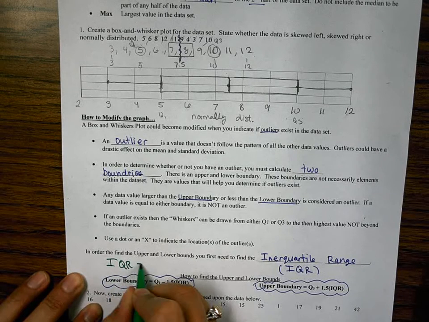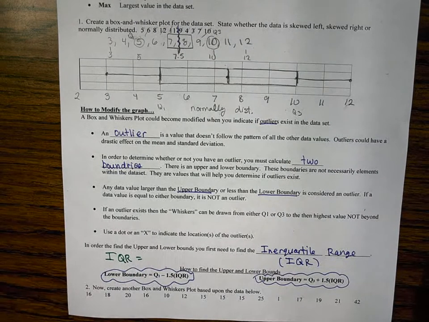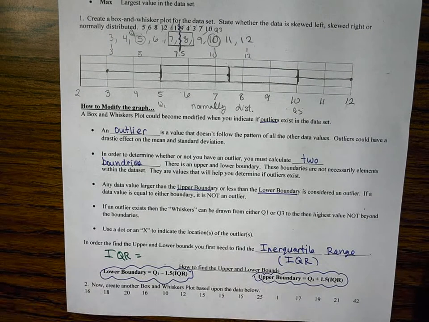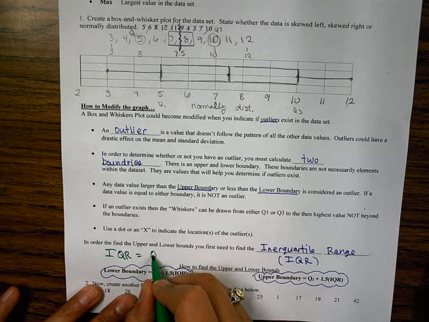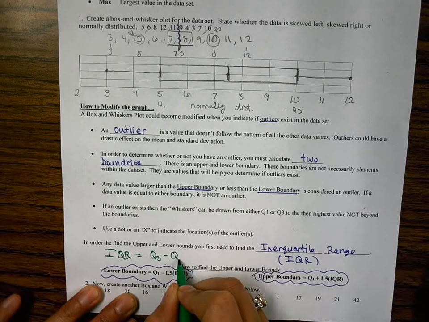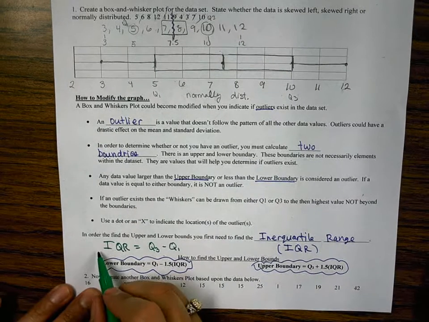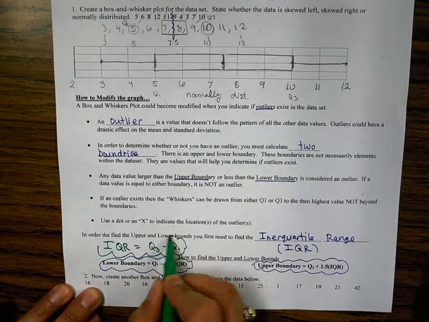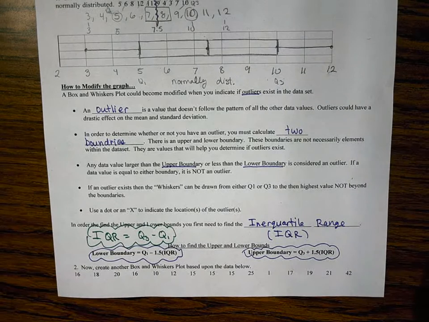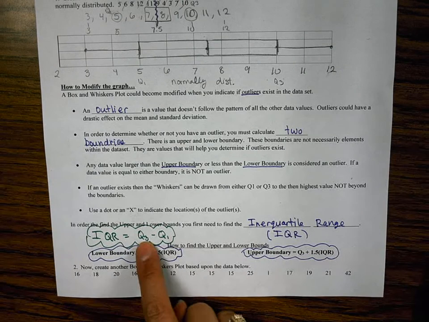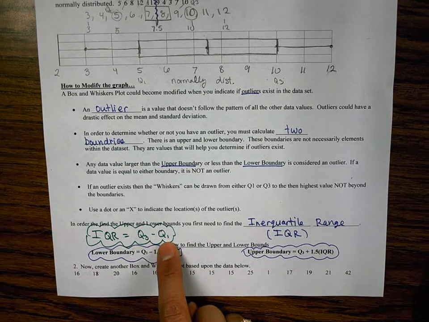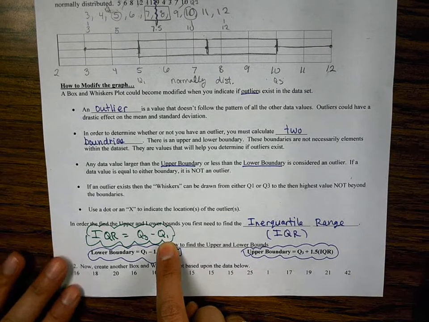IQR will always, range means your largest number minus your smallest number. So interquartile range means your largest quartile minus your smallest quartile. Did you get that? Range means your largest number in a data set minus the smallest number in the data set. So interquartile range means your largest quartile Q3 minus your smaller quartile Q1.